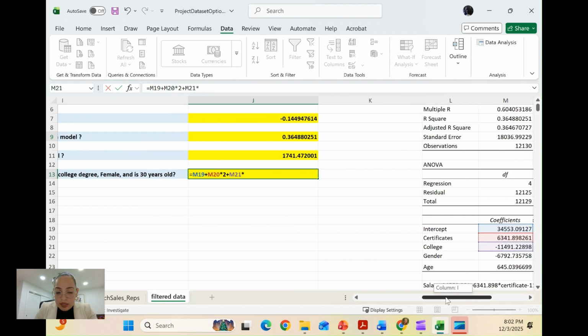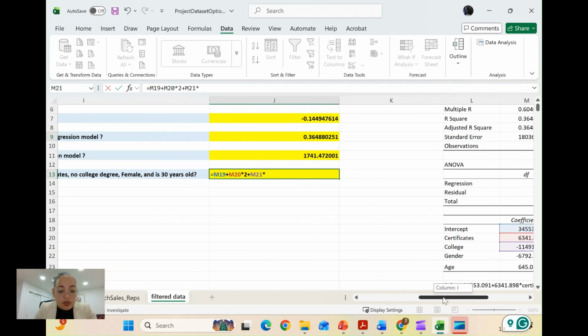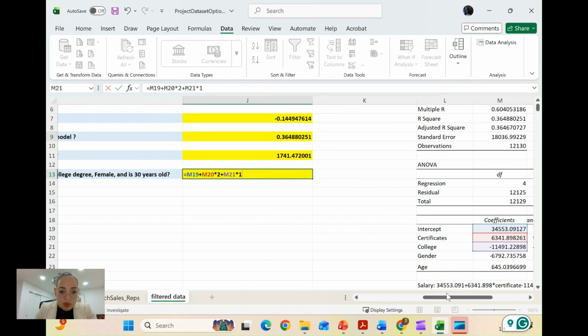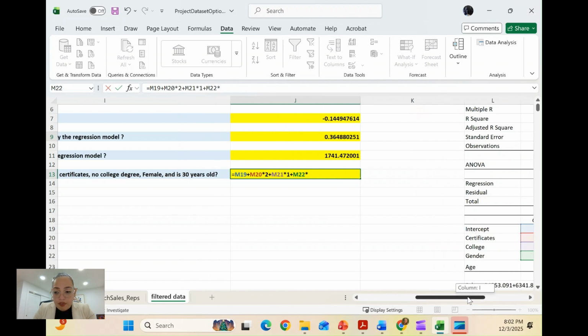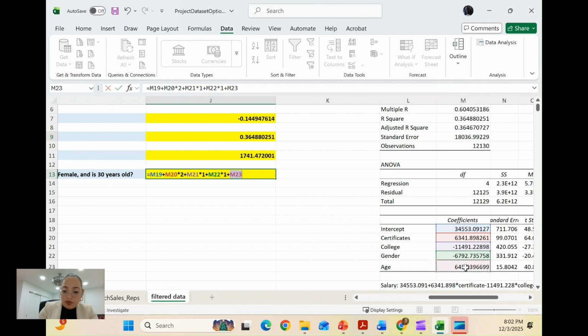Does he have a college degree? No college degree, so it will be one. So let's put one, plus gender. She is a female, so female is one. And finally the age. How old is this person? 30.